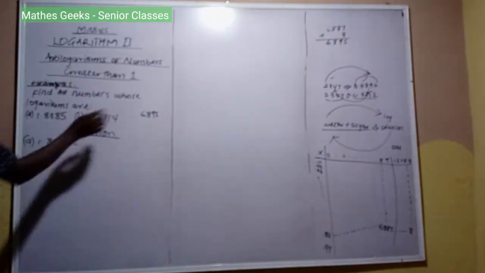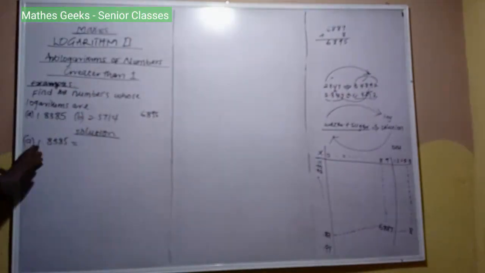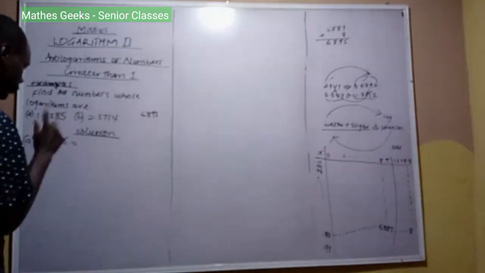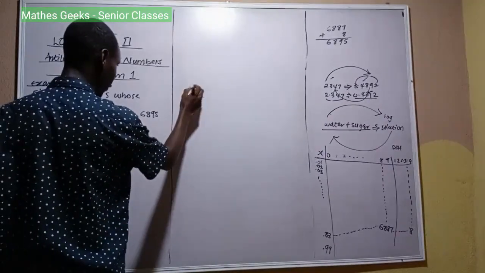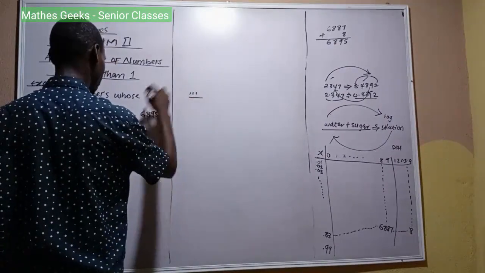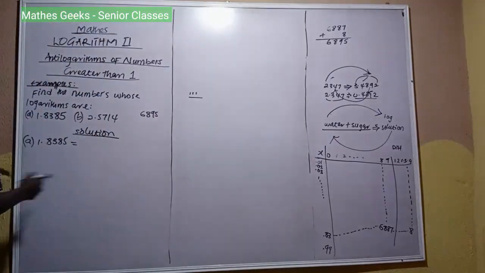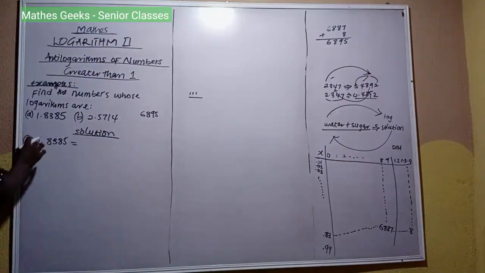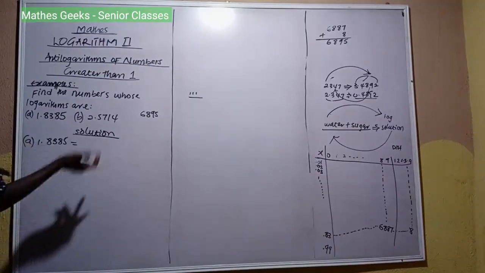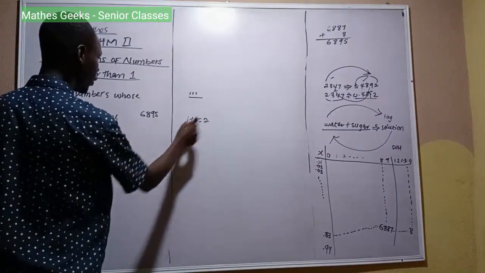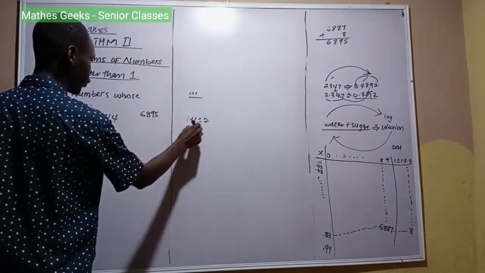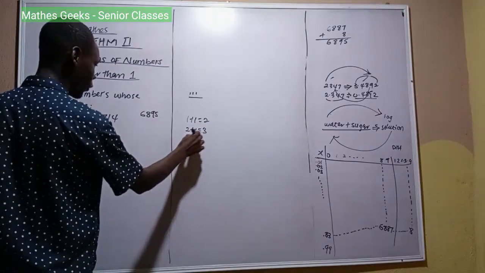So for us to know where to put our decimal point, we are going to consider this integer here, which is 1. Now in log, we say that we should count the number of digits that make up the integer, and then subtract 1 from it. But in anti-log it is the reverse. In anti-log, we note the value of the integer and add 1 to it. So here it is 1, and 1 plus 1 is equal to 2. If it were 2, just add 1 to it to be 3. If it's 4, add 1 to it to be 5.